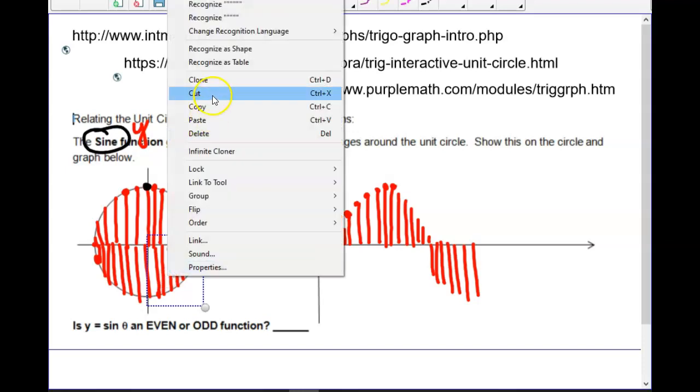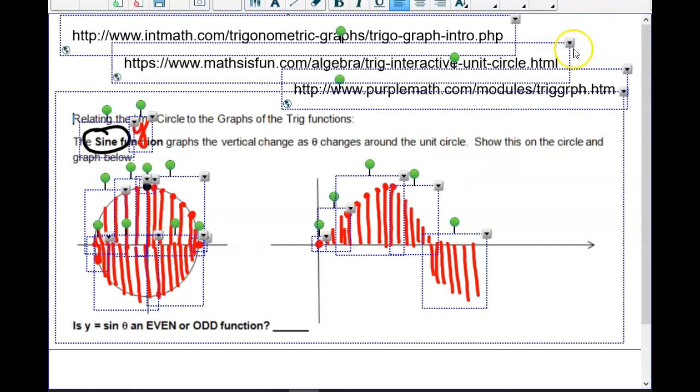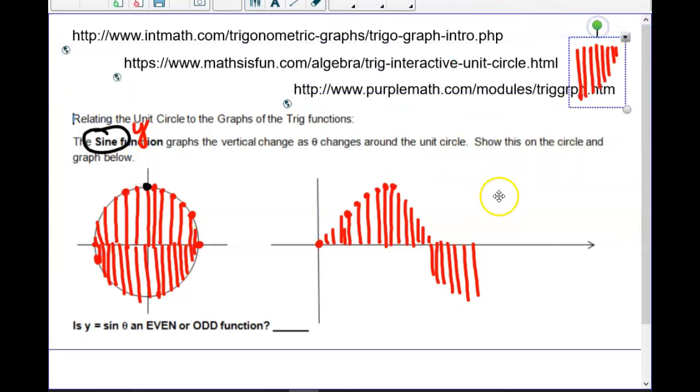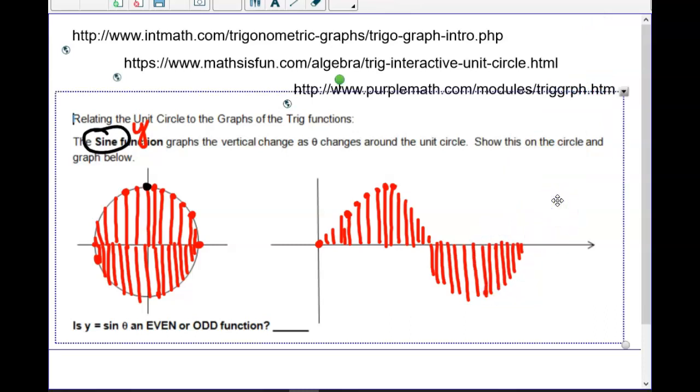So that little chunk, if we copy them over to here, we end up with a shape so that the y value, as we travel around the unit circle, goes up and comes back down, and then it becomes negative and comes back to 0. Okay, mine is not drawn well, but I tried to copy it from the unit circle over here.